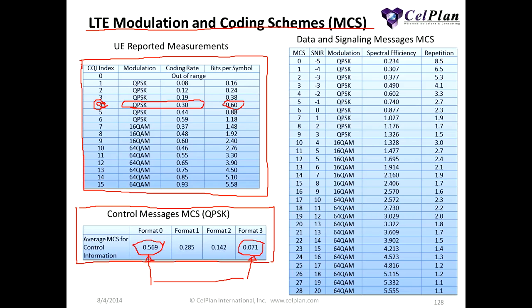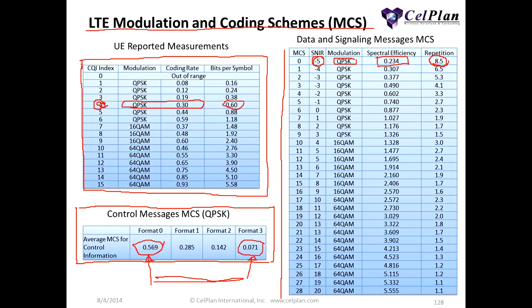So let's compare now this with the modulation encoding schemes used by eNodeB. 3GPP defines 29 modulation encoding schemes, each one numbered from 0 to 28, and each one defines the modulation and the spectral efficiency. What I did here, I calculated the equivalent repetition, and I am presenting here the Gaussian channel required SNIR.